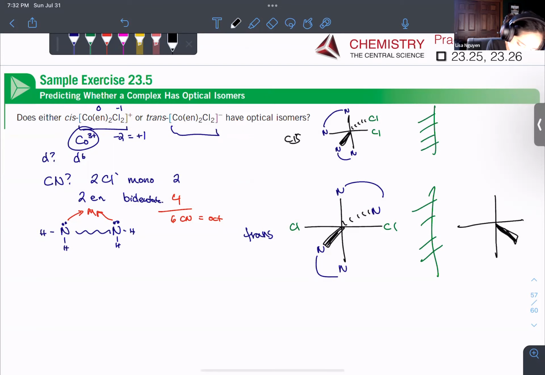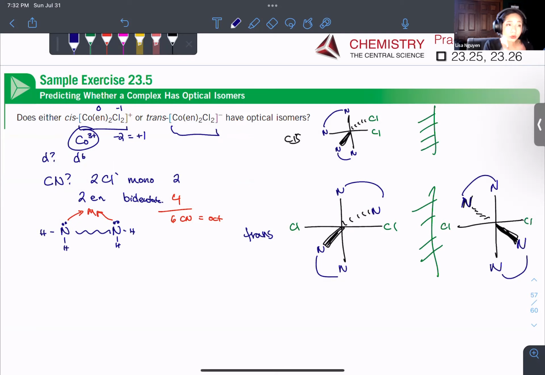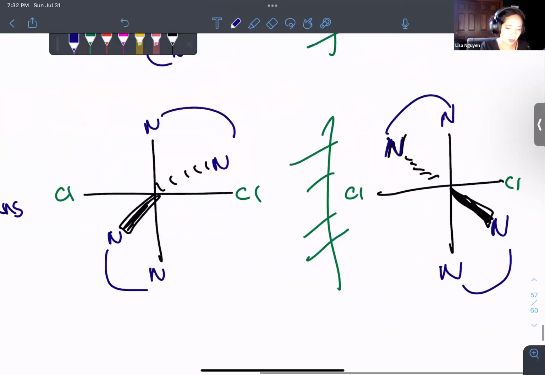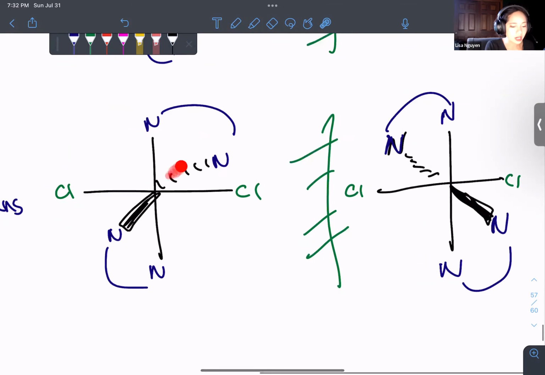Like this, like that, and then like that, and then we draw the chlorides like this, and then we draw the ethylene diamines like this. Right, so that's the perfect mirror image. I tried my best to mimic the wedges. They're being mirrored. The dots, they're going into the page, being mirrored.